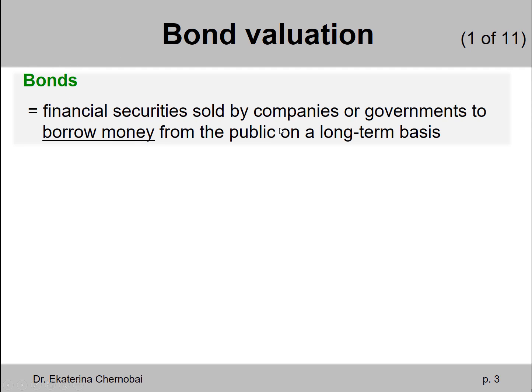So a bond is like a long-term loan. So let's say a company that sells a bond is essentially borrowing money from whoever bought the bond from the company, and in return the company will be paying it off with the interest on top, like with any loan, over, let's say, 10 years, maybe 20 years.